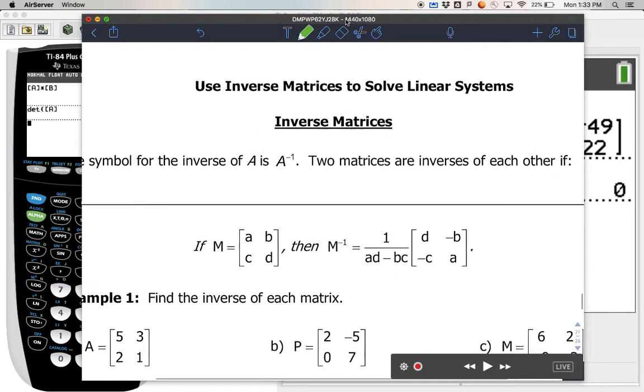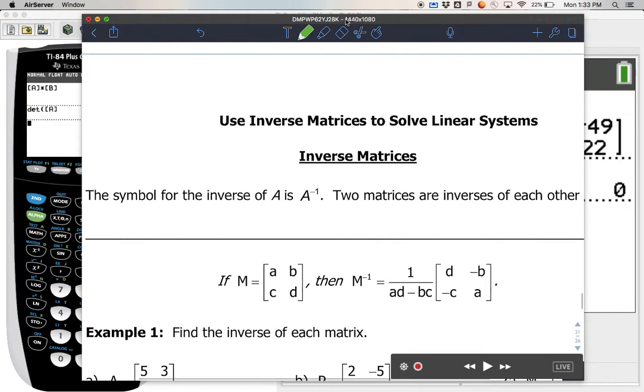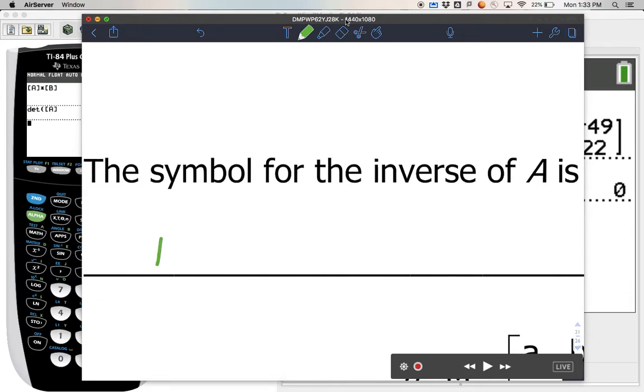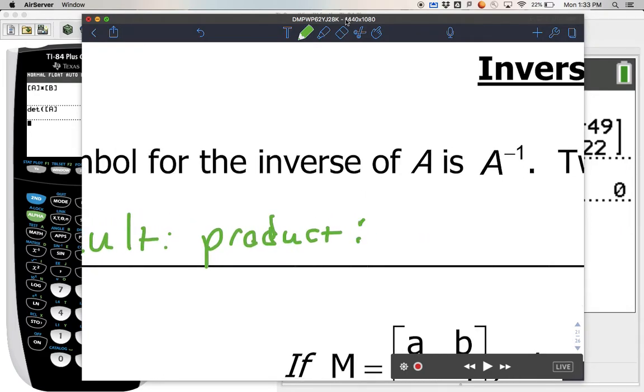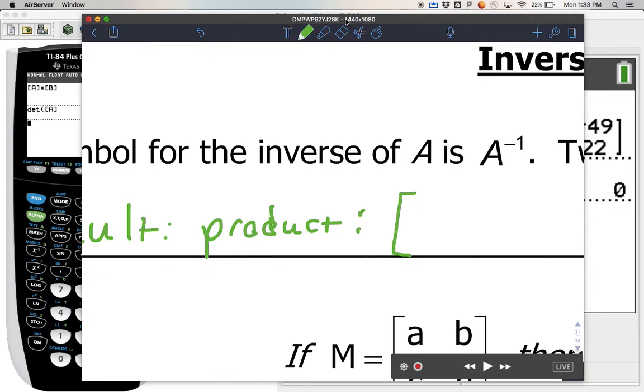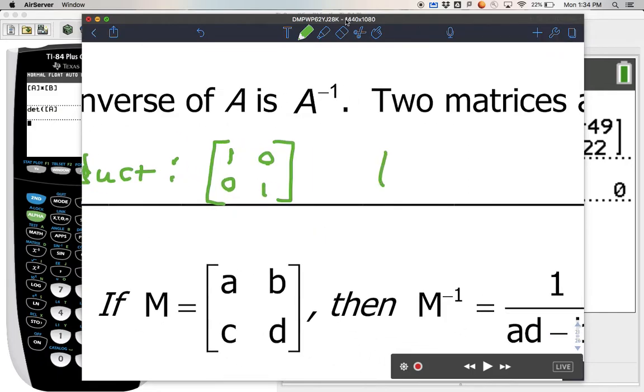Two matrices are inverses of each other if, when you multiply, the product is this thing called the identity matrix right here, which is 1, 0, and then 0, 1. So basically, going from the top left corner down to the bottom right corner should all be 1s, and then everything else should be 0s right here. And we call this the identity matrix.